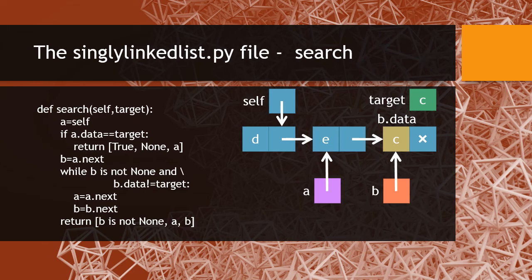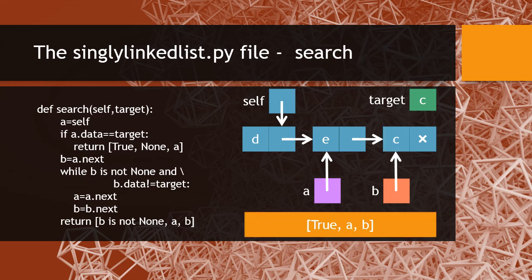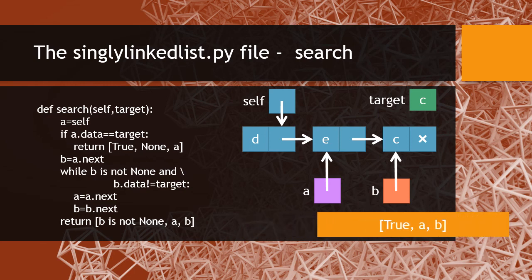This is true. So the first element of the return list is true. Then we have the second element, which is pointer to the node before the target node, that is A. Then we have the third element, which is pointer to the target node, which is B. We return this list.